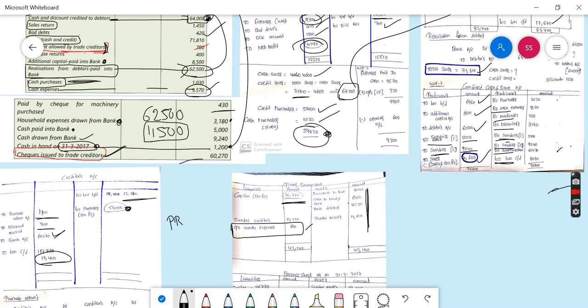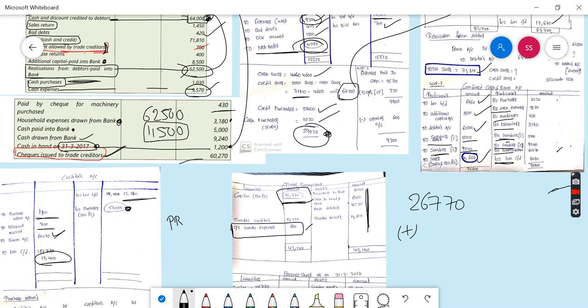By using this information we can find out the closing balance sheet. So in the closing balance sheet, remember we require net profit. We will consider this on the liability side with the capital. So we'll start on the liability side from 26,770, right? And then we will add net profit to that.